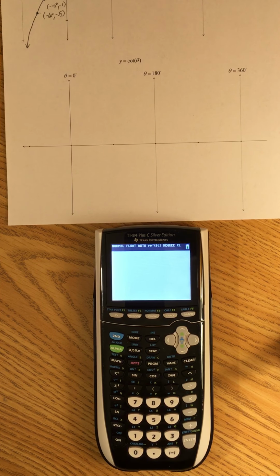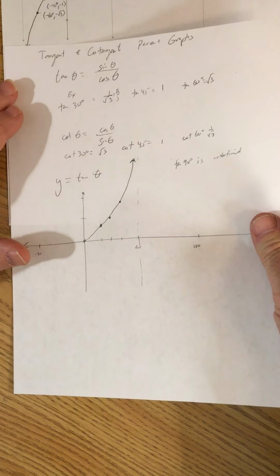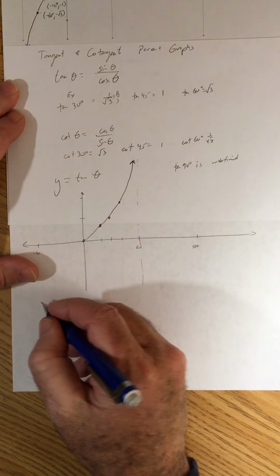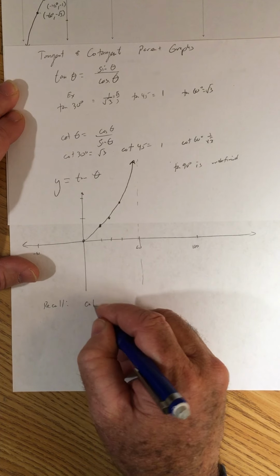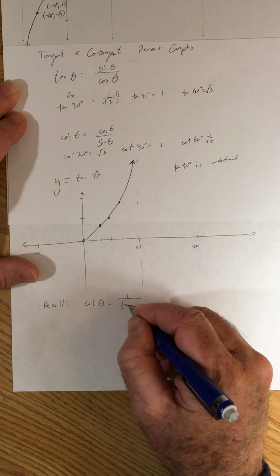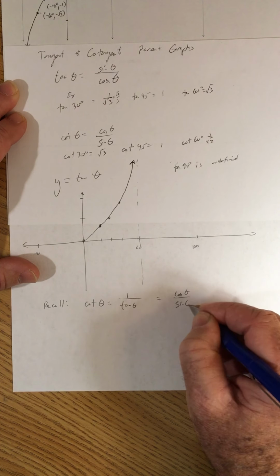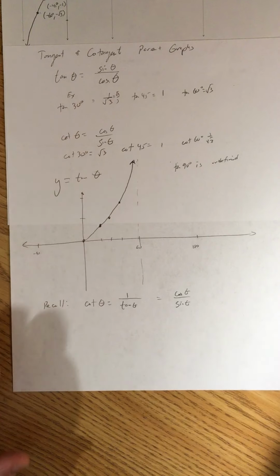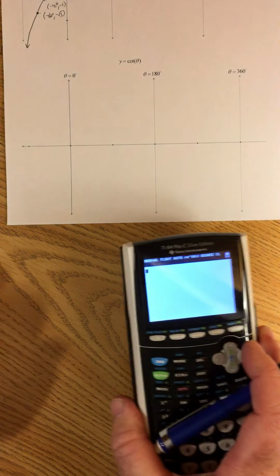But remember, recall, here, let me get my other piece of paper back, that the cotangent is 1 divided by the tangent. It's also cosine divided by sine, but 1 divided by tangent is how we're going to graph this, by graph.